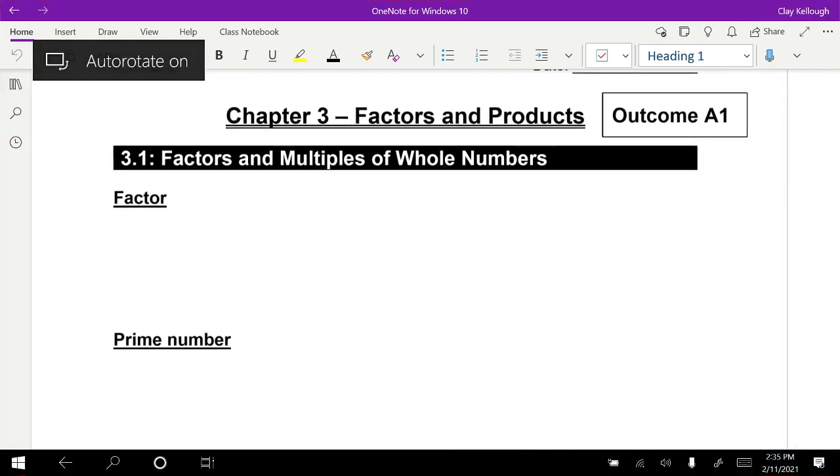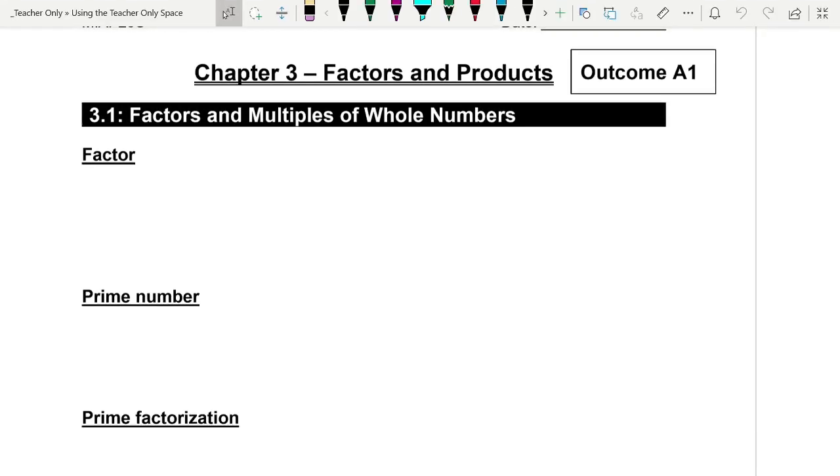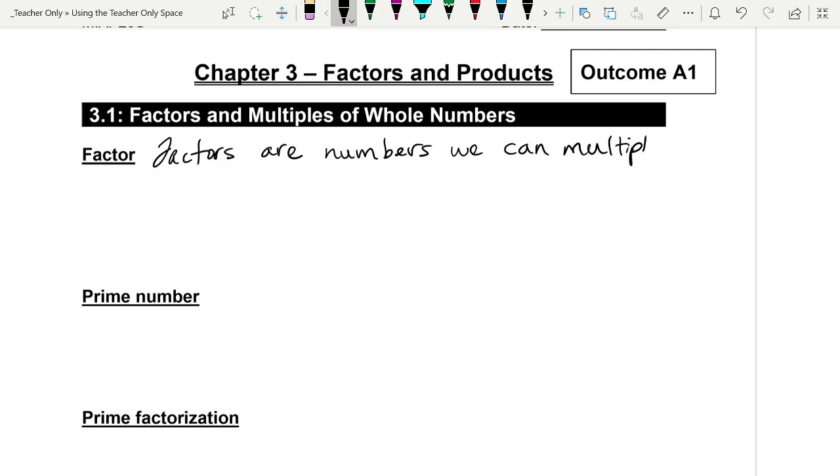We have to make sure we understand what we mean when we say a specific term in math, like the word factor. I'm going to say it this way. Factors are numbers we can multiply together to make a new value, so I don't say number over and over again.